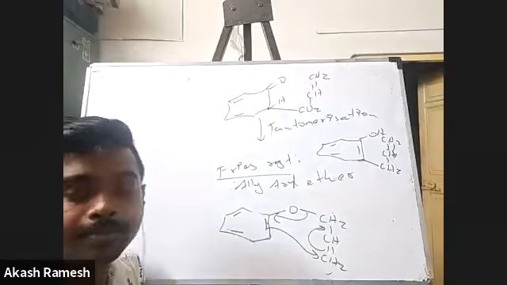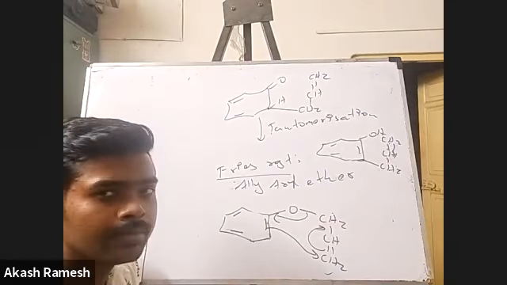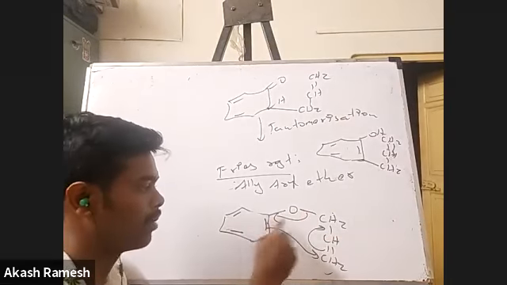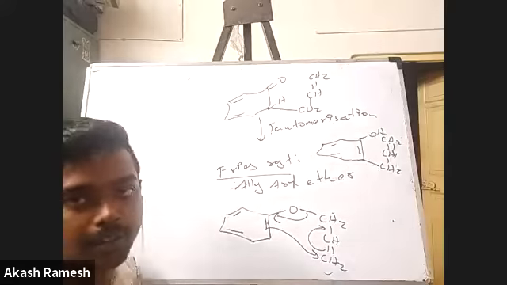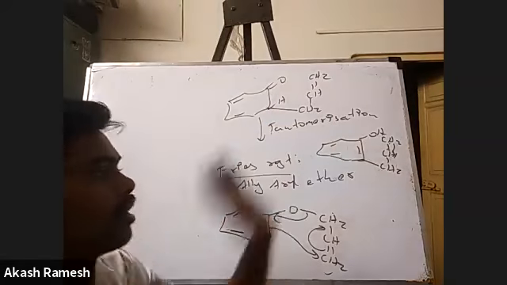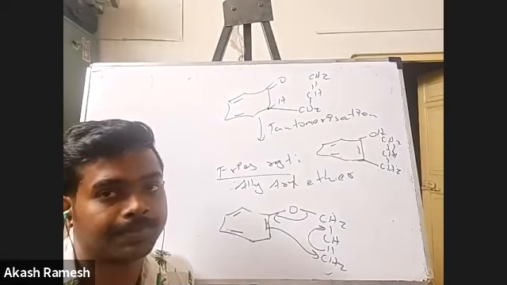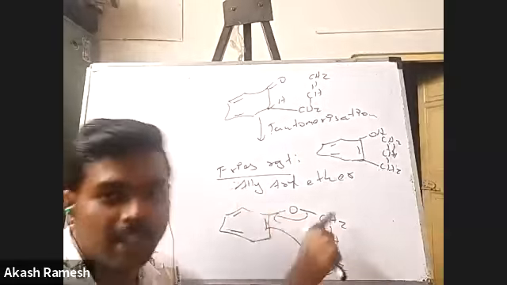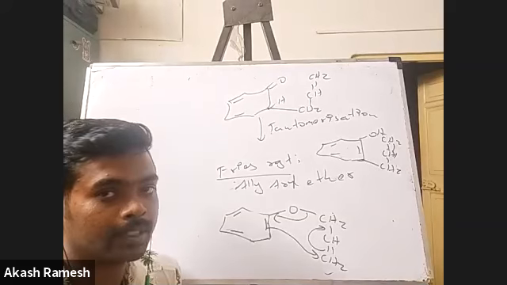Understood? Yes, sir. So just start from here if you want to avoid confusion. You break the CO bond, make it a double bond O, and make the attack here, and everything will be fine. At last, you have to remember that it undergoes tautomerization. That's it. Yes, sir, I didn't know where to start. Yeah, it's better, even I get confused. So it's better to start from here. Break the bond. Okay? Is there anything else? No, sir.